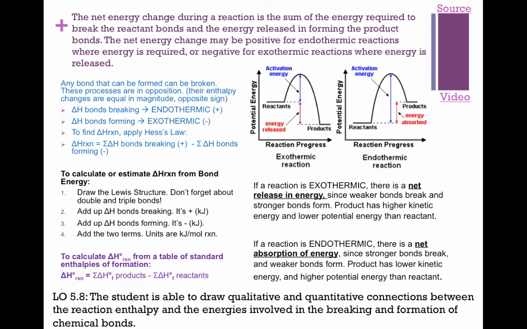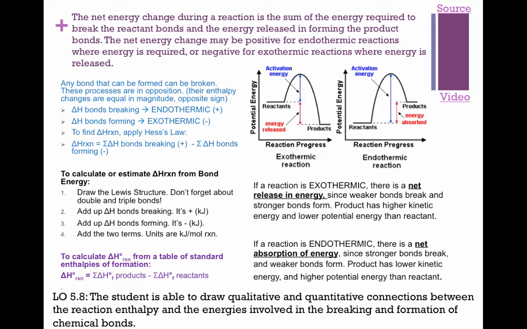Depending on how many bonds you're breaking and how many bonds you're forming is really what determines the overall process. If you're breaking more bonds than you're forming, you're putting in more energy, and it's still going to be endothermic. If you're breaking one bond and forming five, you're going to get a lot of energy out of that. But if you need to calculate that, draw the Lewis structures if they don't give it to you.